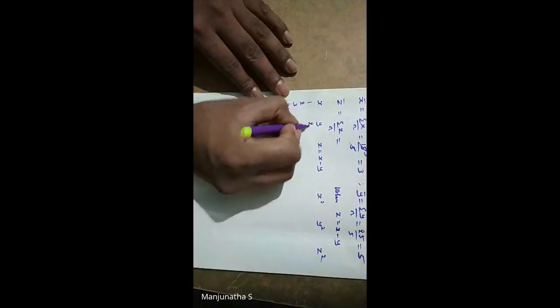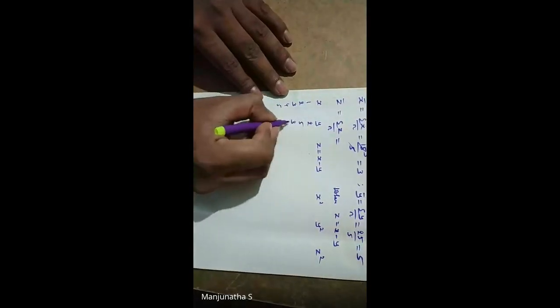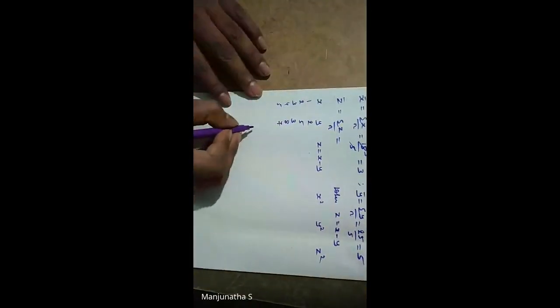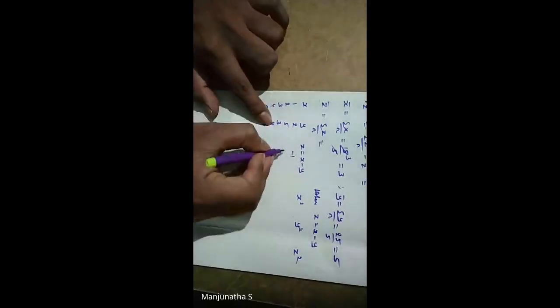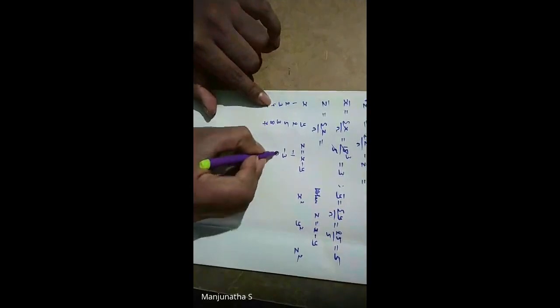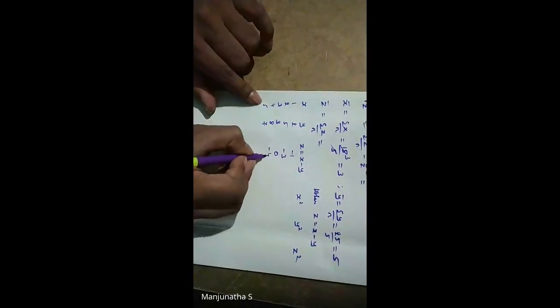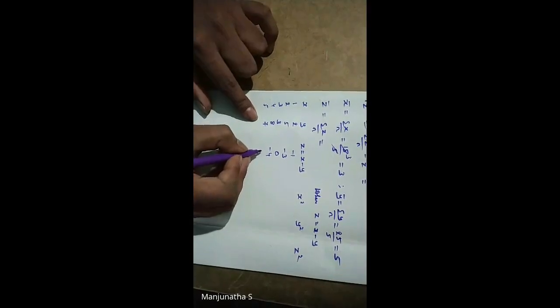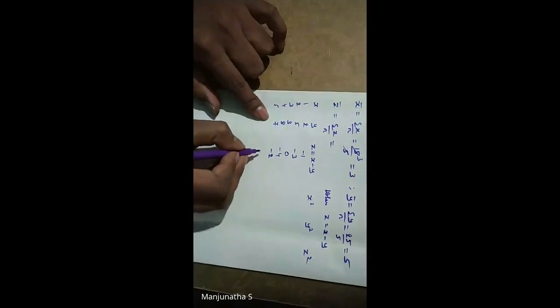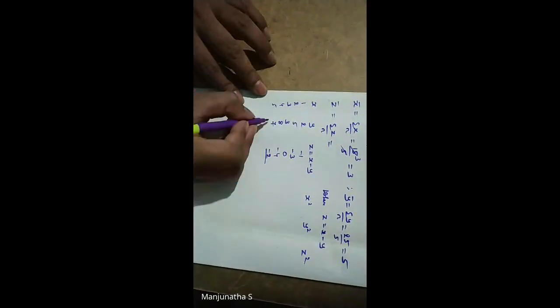The y data is 2, 5, 3, 8, 7. Similarly, x minus y: 1 minus 2 is minus 1, 2 minus 5 is minus 3, 3 minus 3 is 0, 4 minus 8 is minus 4, 5 minus 7 is minus 2. Okay, so these are the values we got.